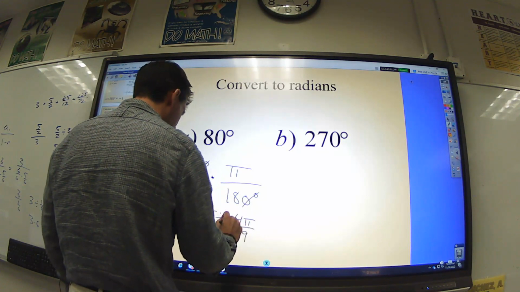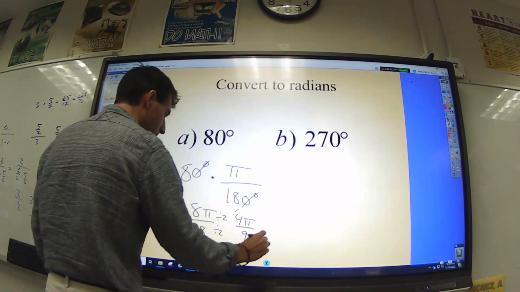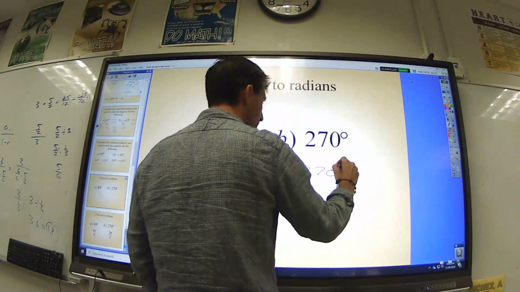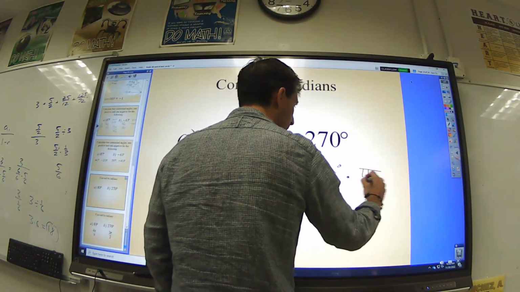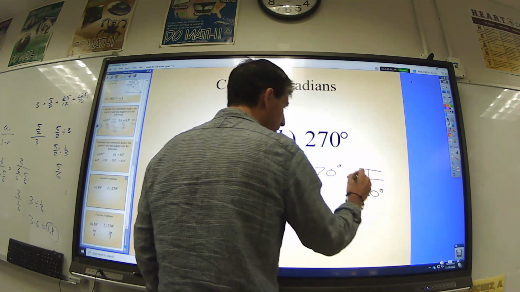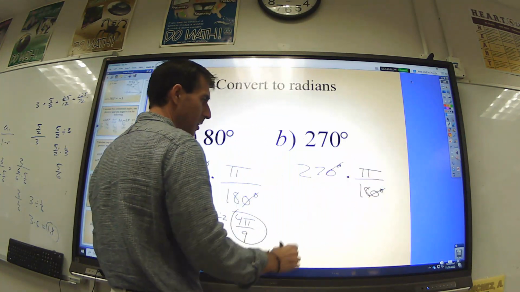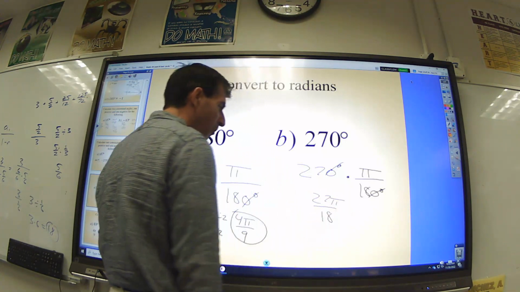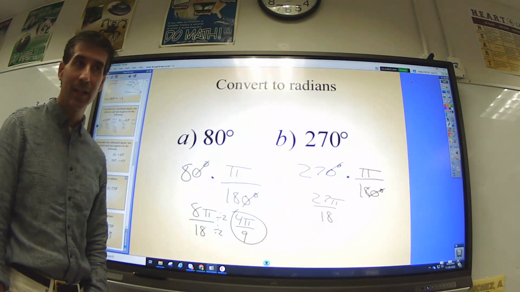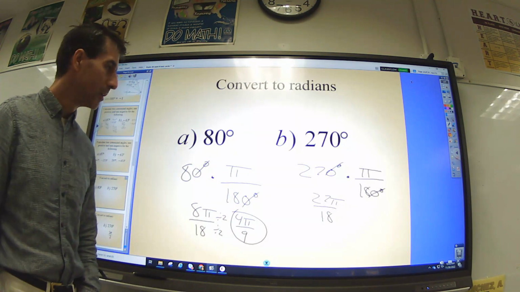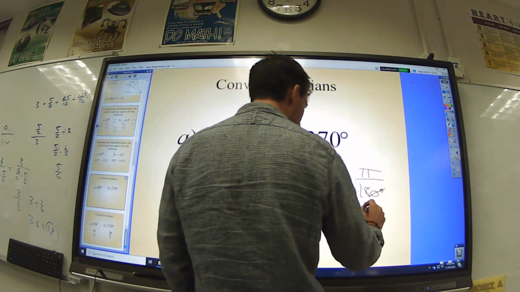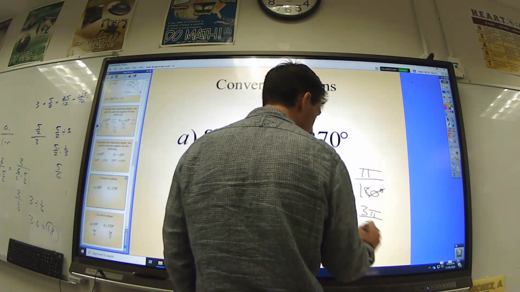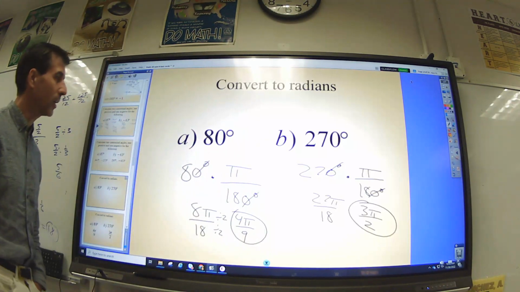Okay, 270 degrees times pi over 180, both divisible by 10, and then 27 and 18 are both divisible by 9, also 3, but we can go bigger. 27 divided by 9 is 3 pi, 18 divided by 9 is 2. That's all you've got to do.